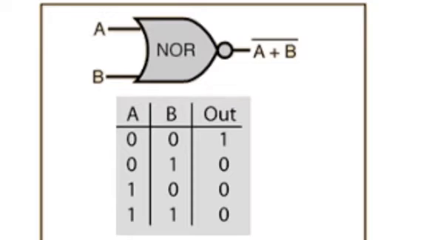It means that when all expressions are low, the output will be high, just like you have in the diagram and in the truth table. All expressions need to be low for the output to be high. That's the reason why you're having 0, 0 giving you 1, because 0, 0 is low.